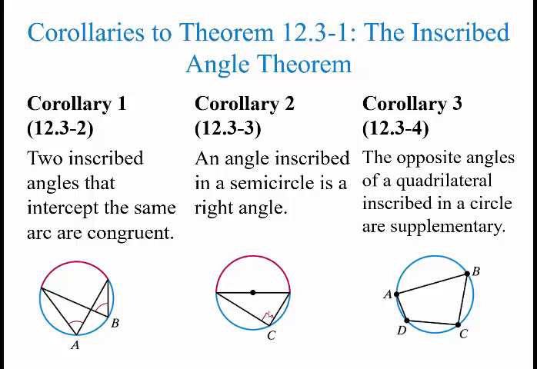Any angle inscribed in a semicircle like this is a right angle, because its vertices form a 180-degree arc. And the opposite angles of a quadrilateral inscribed in a circle are supplementary. So basically this angle plus this angle is 180 degrees, and this angle plus this angle is 180 degrees.